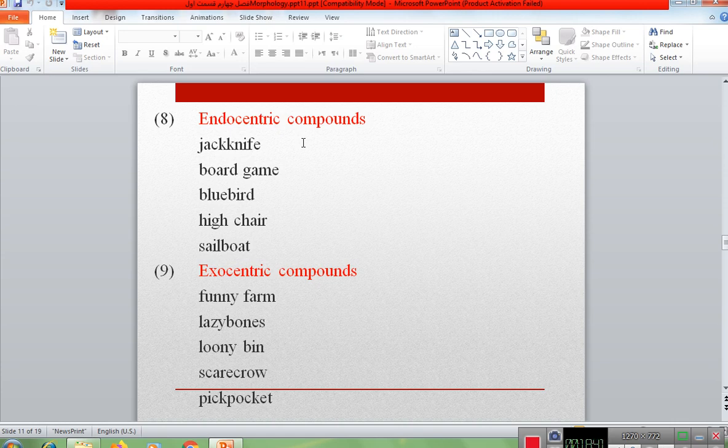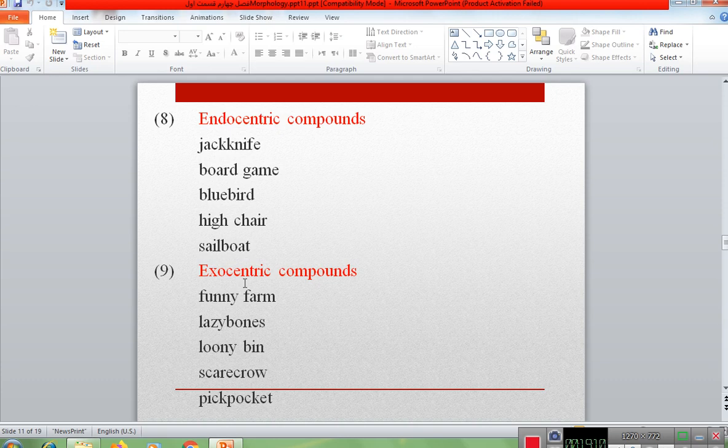But the other examples, we call exocentric compounds. Look at them. Funny farm, it's not a kind of farm. Lazybones, it's not about the bones. Loony bin, it's not about the bin. Scarecrow and pickpocket. Again, you see here, we cannot determine the head based on these words. So we call it exocentric compound.